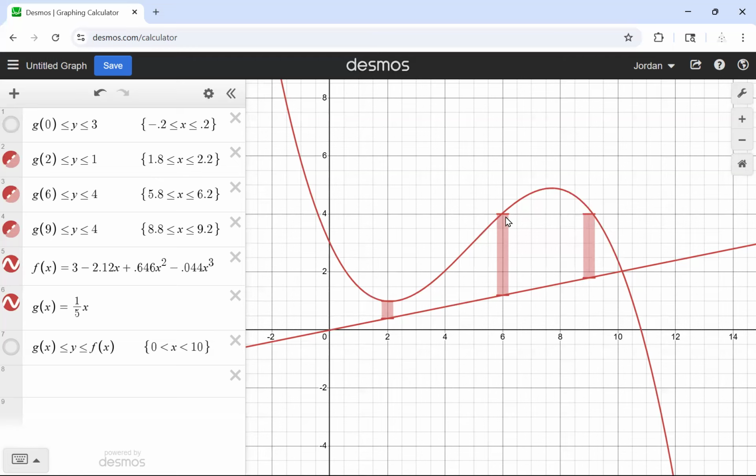This rectangle has distance from the y-axis of this x value of 6. This rectangle has distance from the y-axis of the x value of 9. This should be very similar to the one-dimensional moment that we saw earlier. In fact, I'm using sort of the same tops of rectangles here.